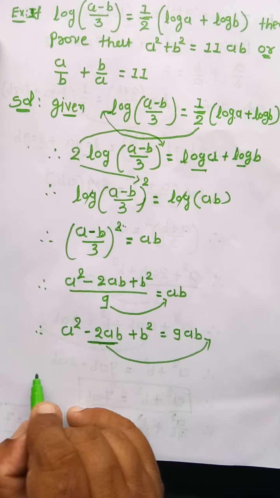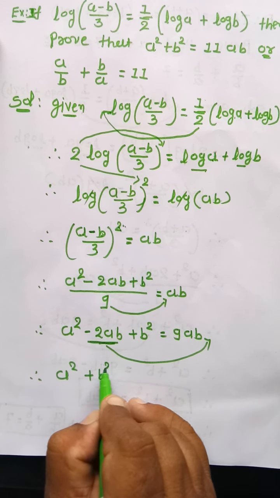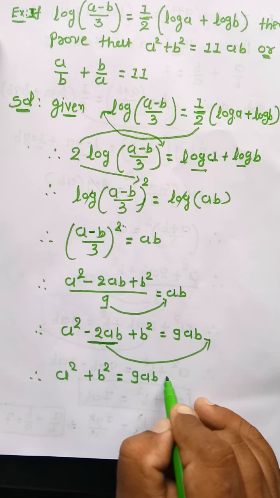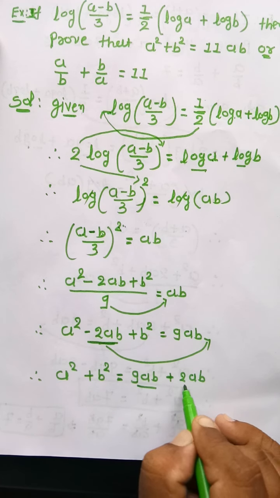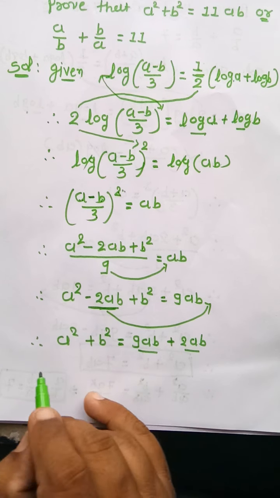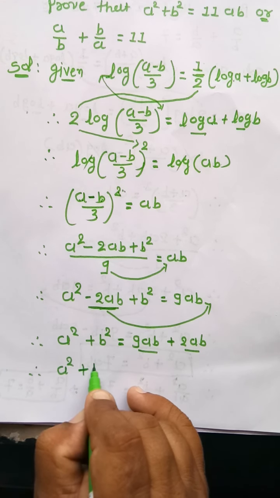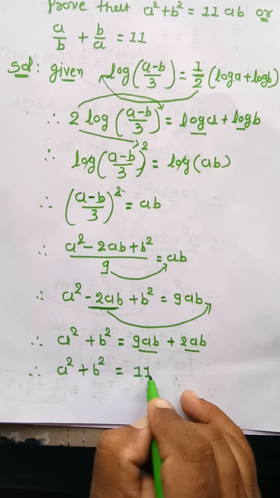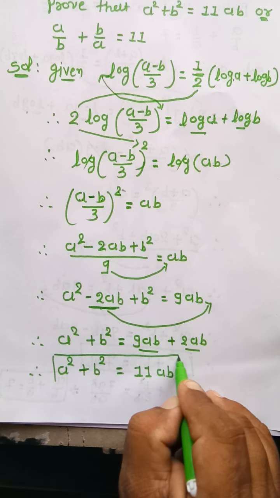So a square plus b square is equal to 9ab plus 2ab, and 9ab plus 2ab, that is 11ab. So a square plus b square is equal to 11ab. Now first result is proved.